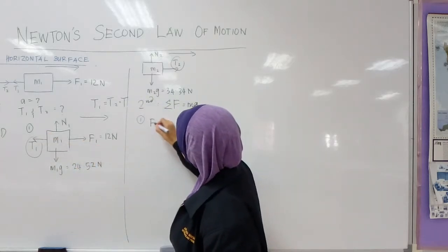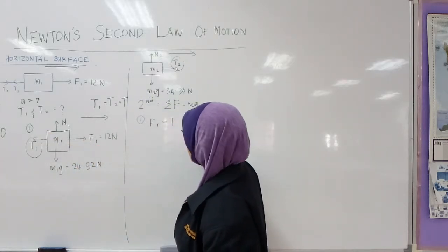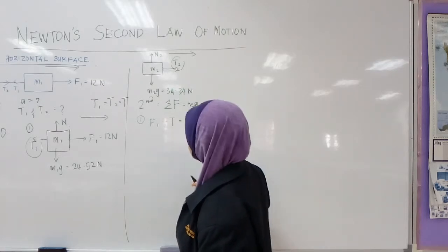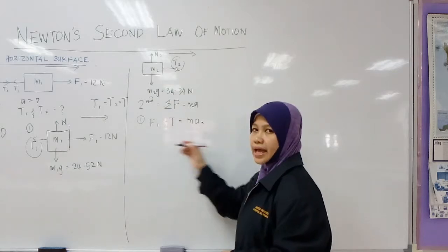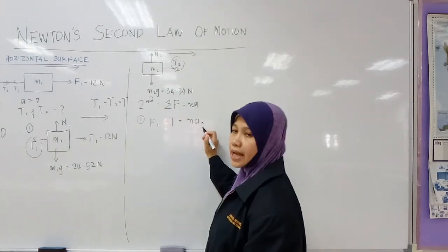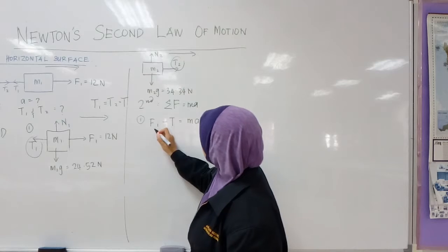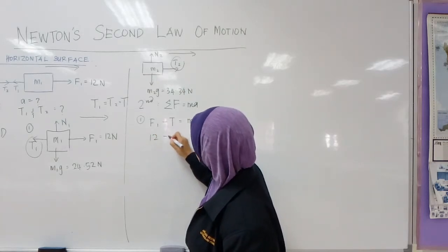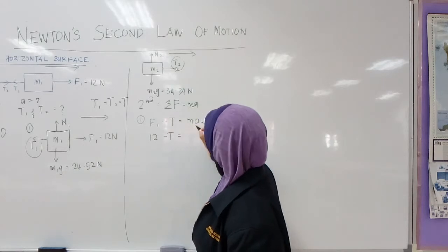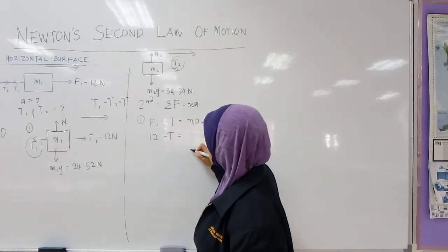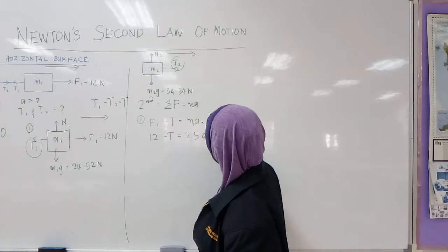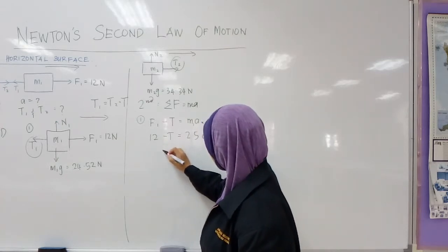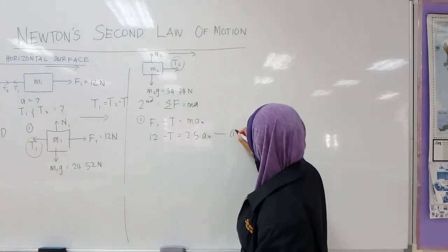So F1 minus T is equal to M1 ax. The motion is along the x-axis, that's why I put ax. So 12 Newton minus T is equal to 2.5 ax. This is one equation.